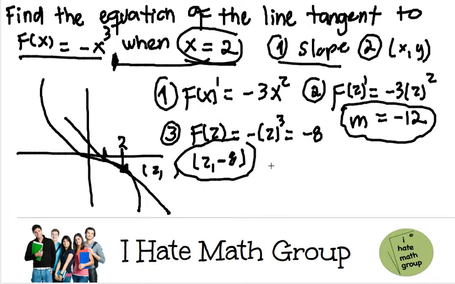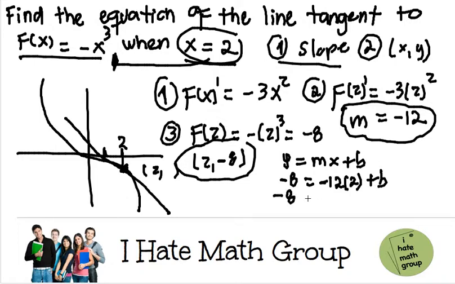Beautiful. The last step is just to build the equation of the line. Remember, you can build the equation of the line using y equals mx plus b, or the formula y minus y1, the same thing you were doing in pre-cal or algebra 2. I'm going to do it with y equals mx plus b. Then I plug in whatever I have. I have negative 8 equals, then the slope was negative 12, times 2, plus b.